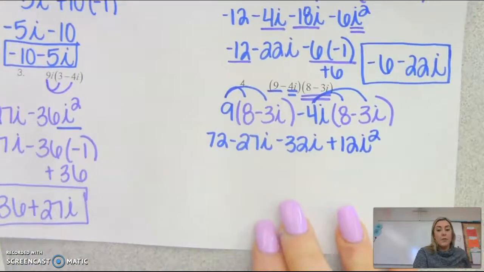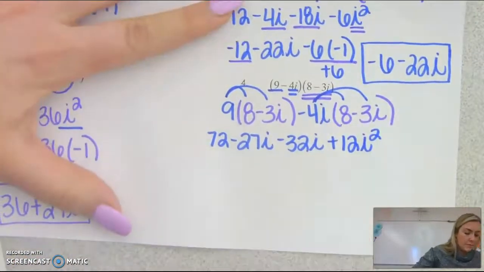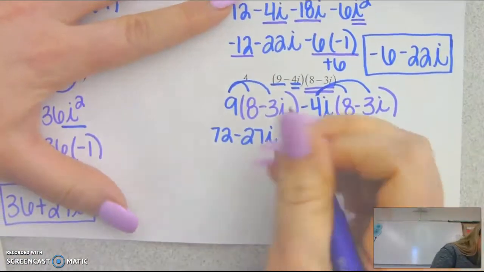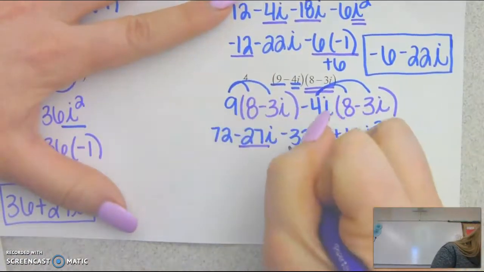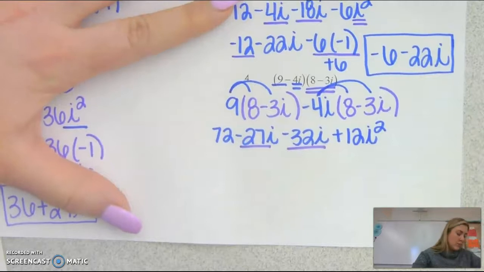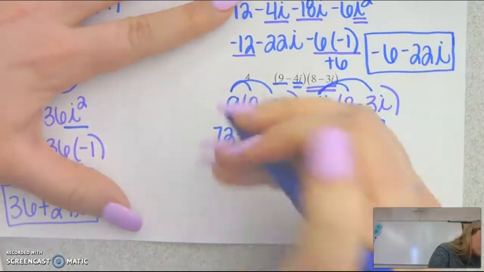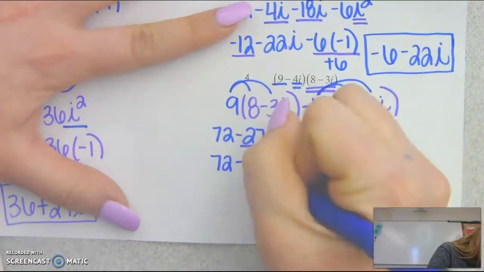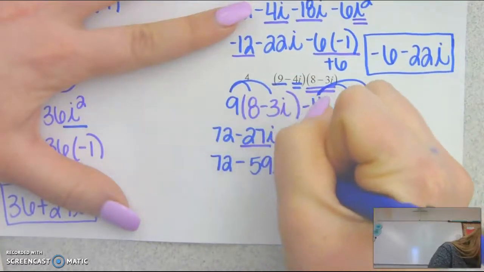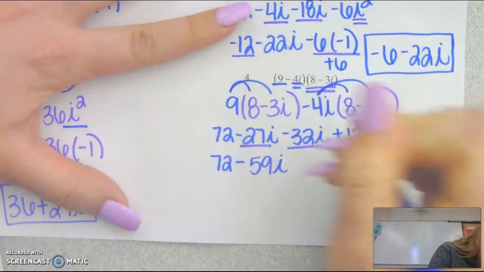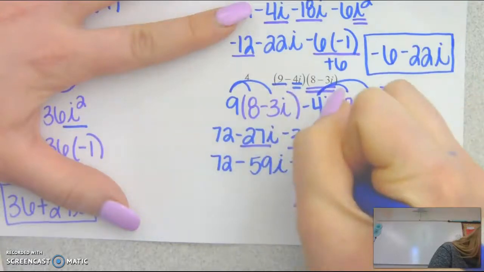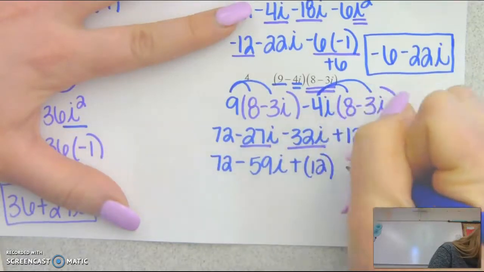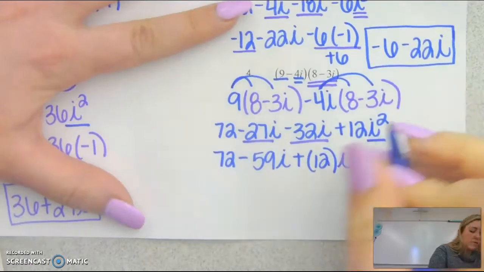So now we're going to combine like terms and simplify. Our like terms here are negative 27 minus 32. When we combine those, we get negative 59i, and then our i squared turns into negative, whoops, I wrote that wrong.